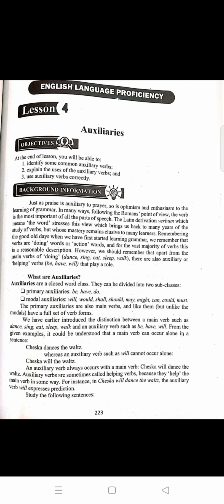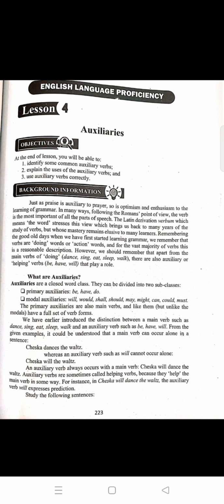However, we should remember that apart from main verbs of doing, such as dance, sing, eat, sleep, and walk, there are also auxiliary or helping verbs, such as be, have, and will, that play a role, that are also important when we are talking of learning grammar. So what are auxiliaries?